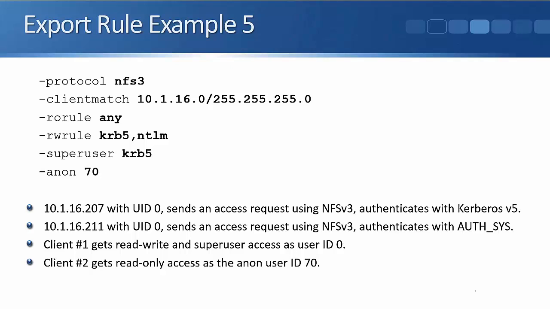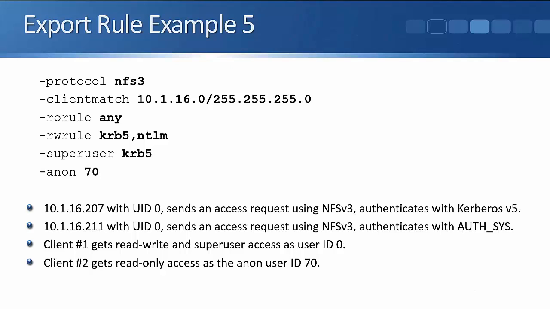Looking at the second client, again the read-only rule is any, so it will get at least read-only access. The read-write rule is Kerberos 5 and NTLM. It did not authenticate with those methods, it used sys, so it's not going to get read-write access.